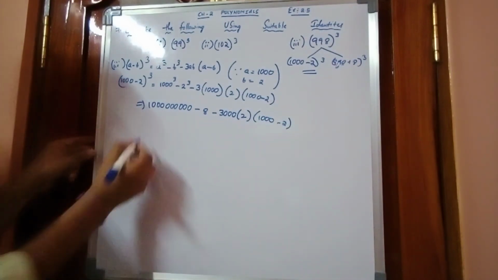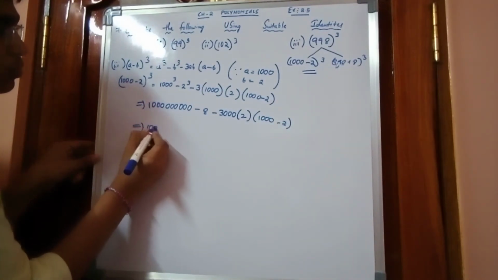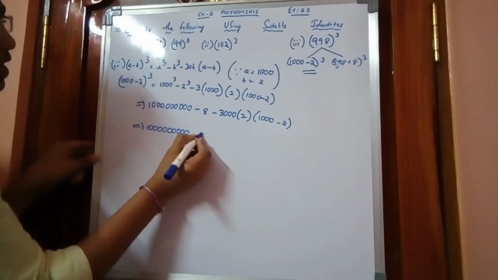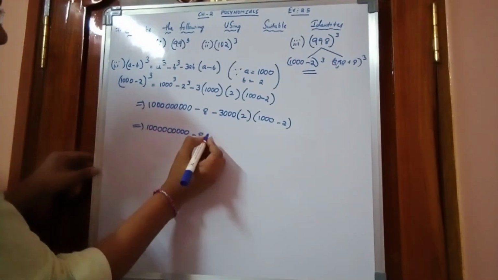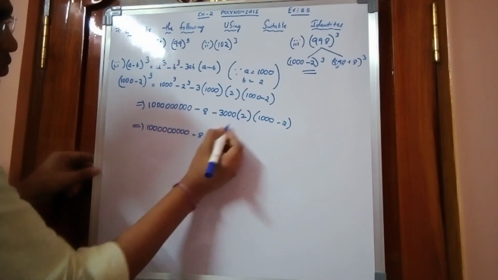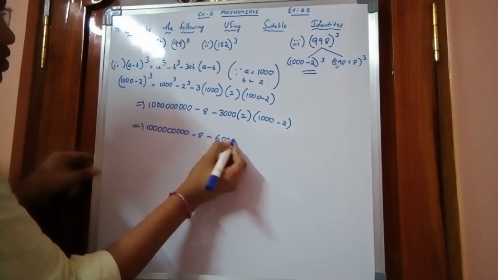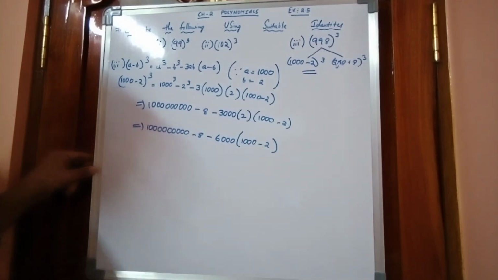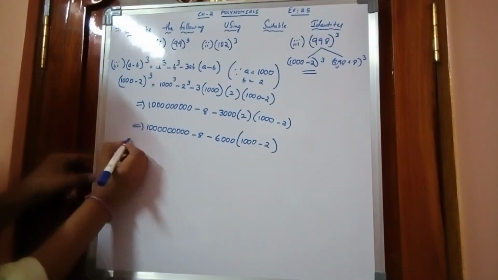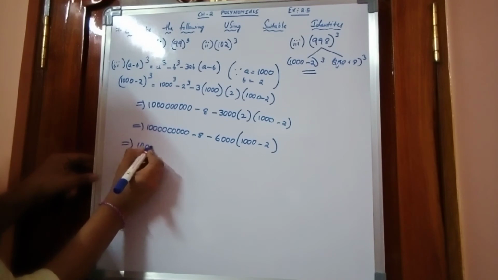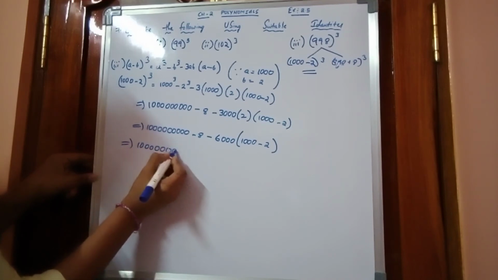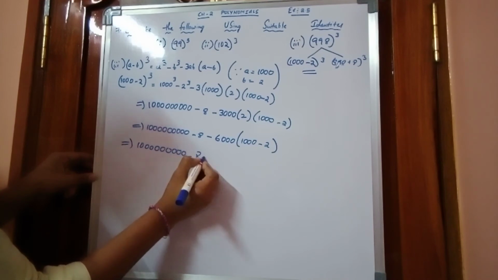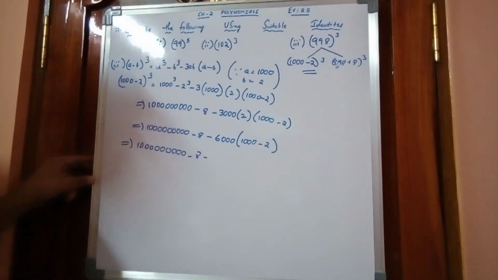This implies 1 2 3 4 5 6 7 8 9 minus 8 minus 6000 of 1000 minus 2. So these imply 1 2 3 4 5 6 7 8 9 minus 8 minus 6 into 1 is 6.